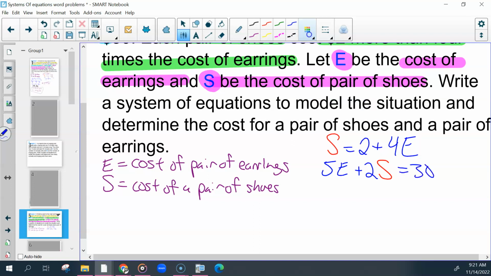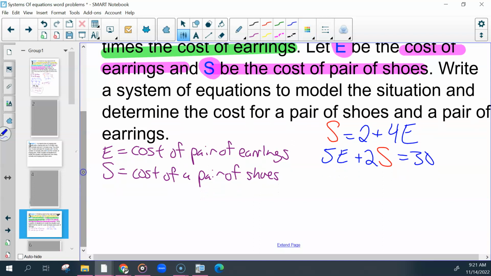Sometimes the setup of these equations, you'll notice, are better for some things than others. Because you have an equation that there is something solved for a variable already, which method would probably be best to use here? Chris, what did you say? When you say the first one, what are you talking about?